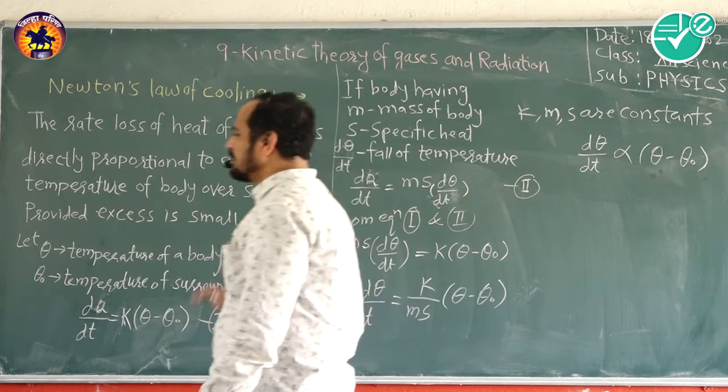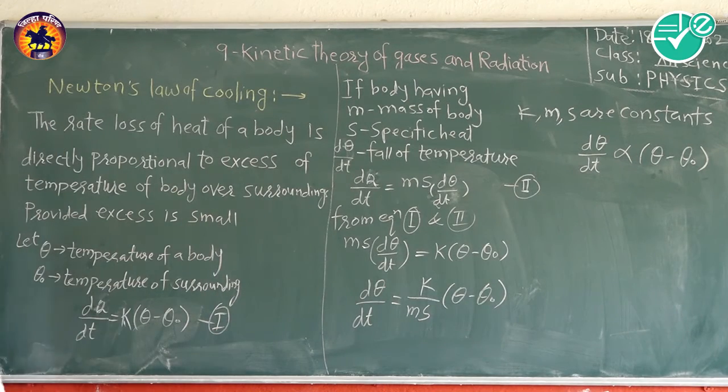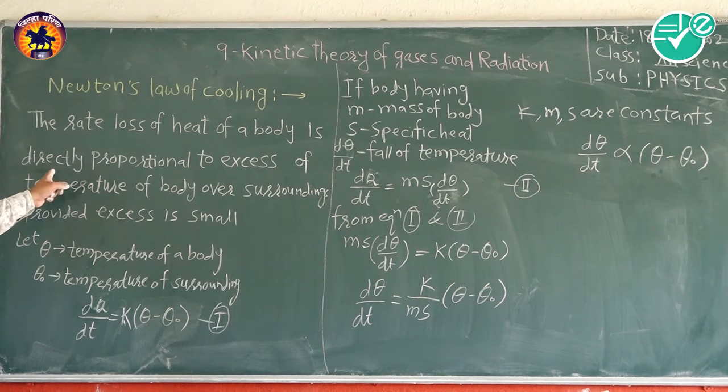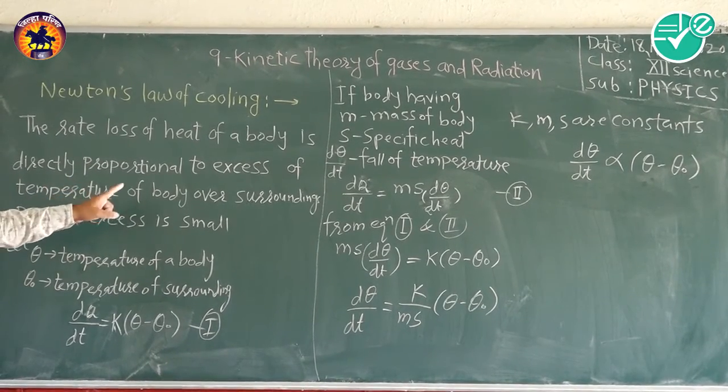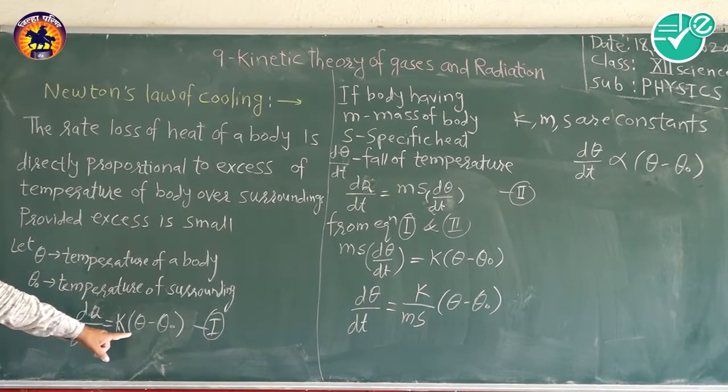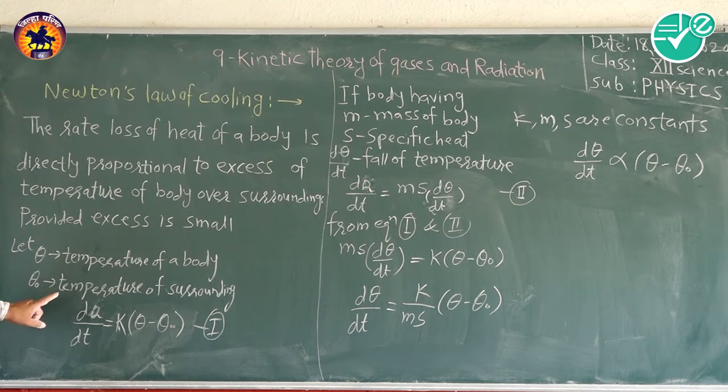And this is Newton's law of cooling, in which the rate of loss of heat of a body is directly proportional to the excess of the temperature of the body over the surrounding, denoted by theta minus theta 0, and the rate of loss of heat is denoted by dQ by dt. So we take k as the proportionality constant.